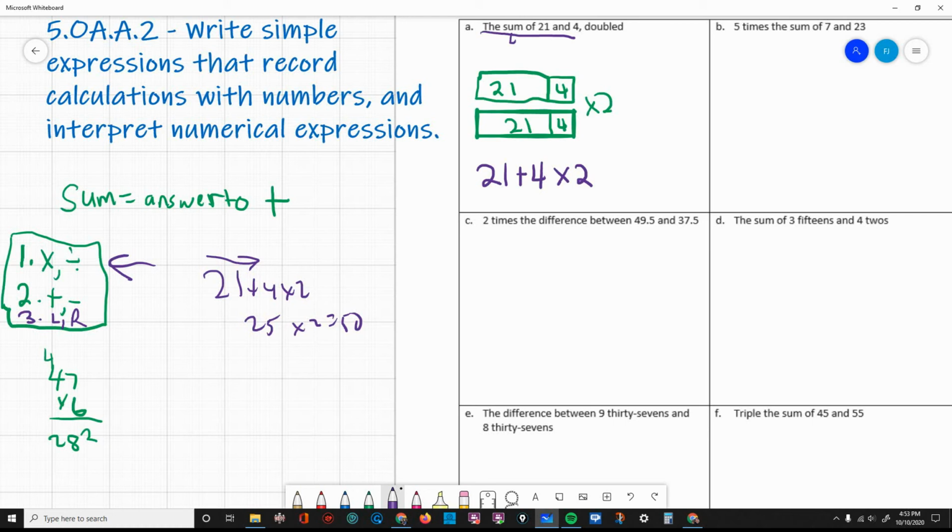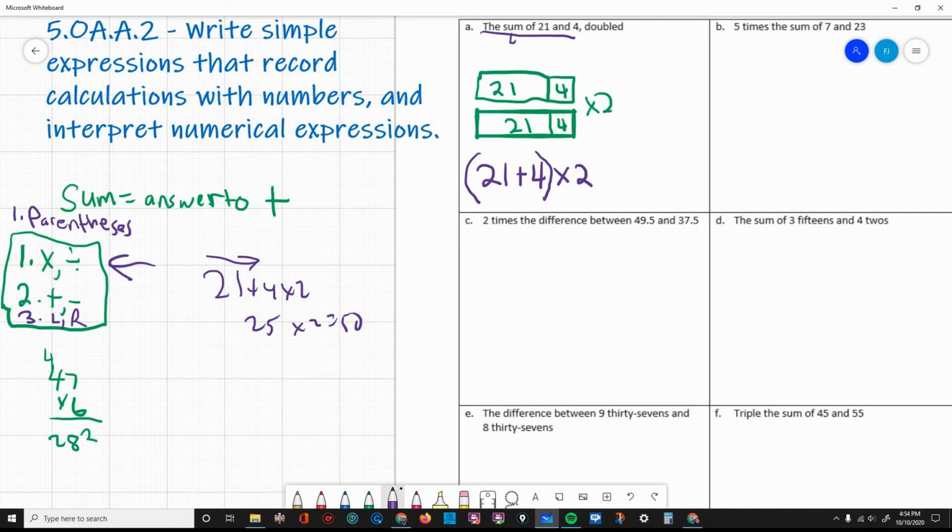So we need to undo that and show, well, we want to do 21 plus 4 because that's what this is asking for. So what we're going to do is use the magic of parentheses. And what we have is an actual rule: the first order of operation would be to use your parentheses. Okay, so parentheses will always dictate you need to do this first in an expression or an equation.